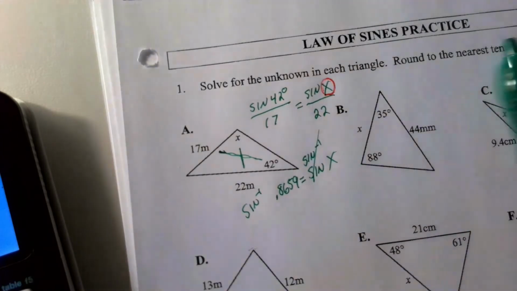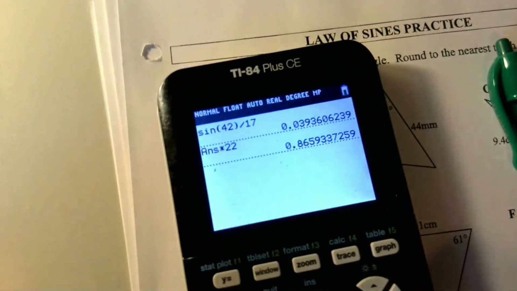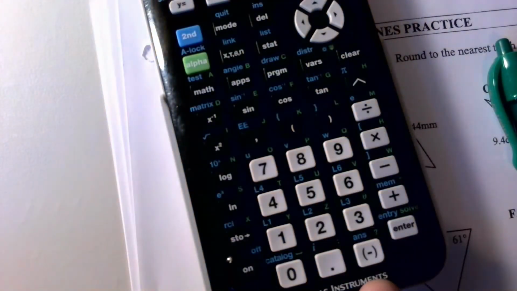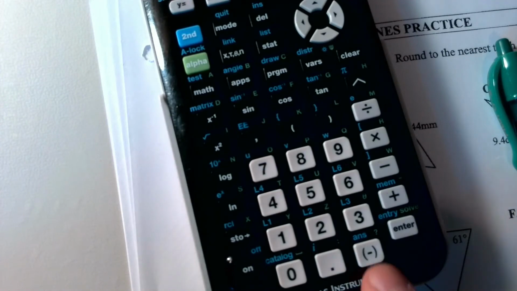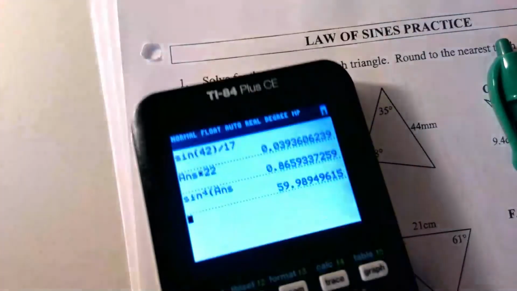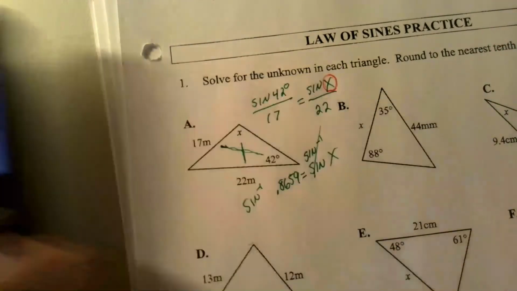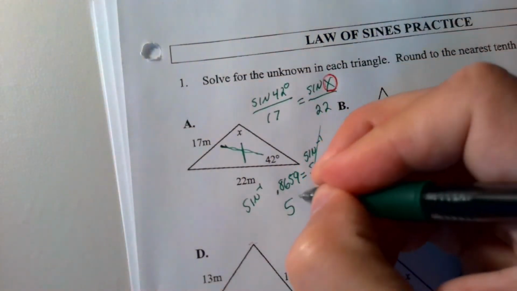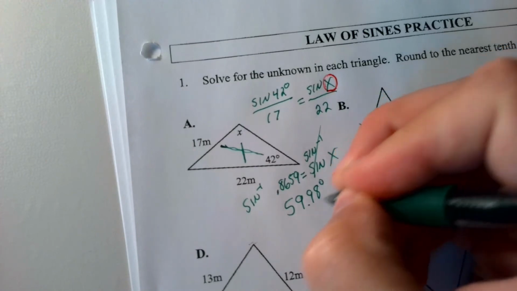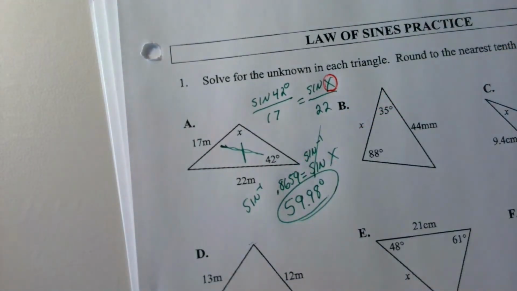So how do I do this on my calculator? I'm going to do second, sine inverse, and then I'm going to do second and pull up that answer. That's second and the little negative sign down there, right? That says A and S on it. I'm going to hit enter, and you're going to see that that says 59.98 degrees. There's my answer.